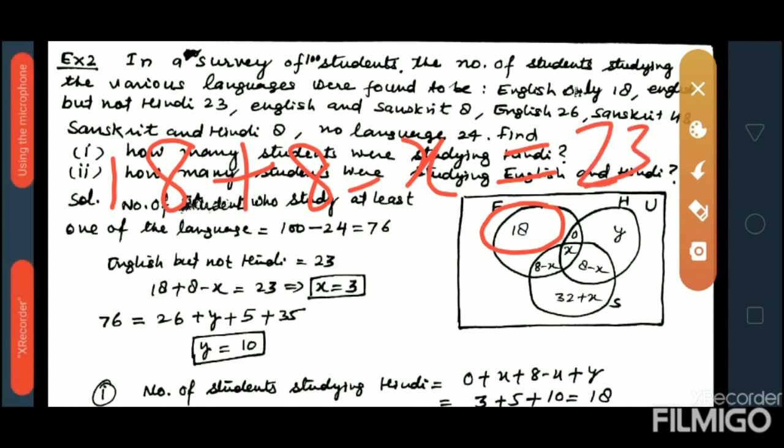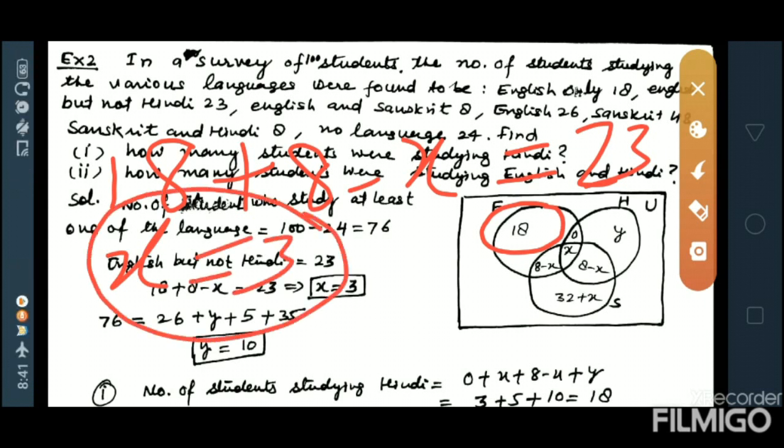After solving it, x is equal to 3. Now we got 3 students who study all the 3 subjects.